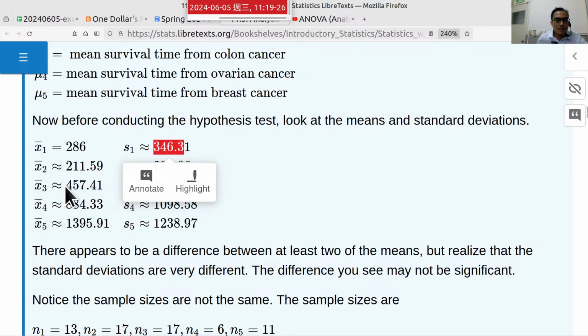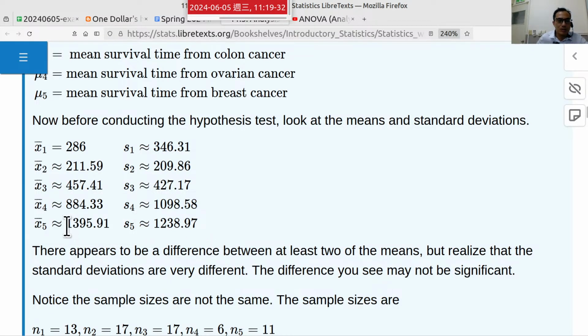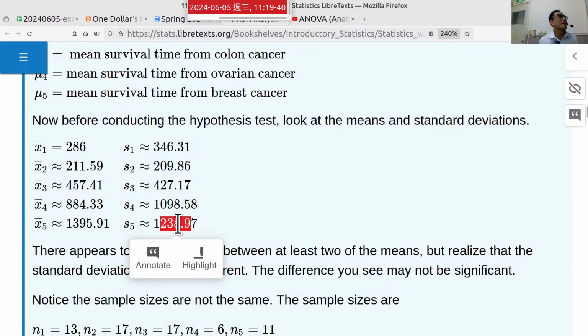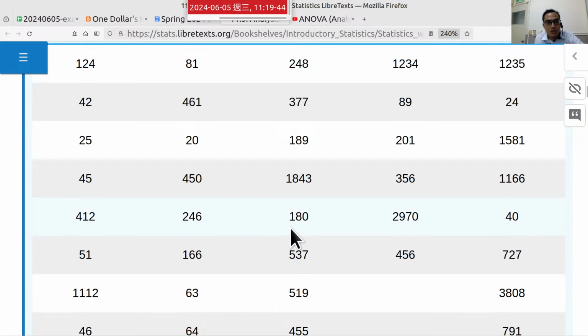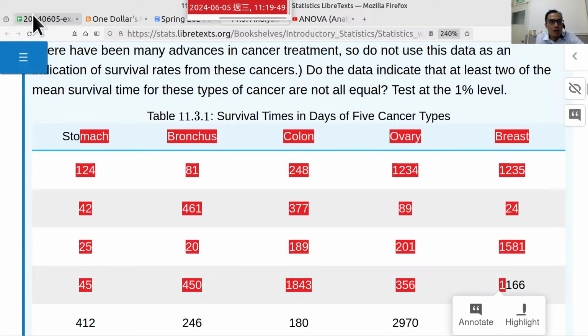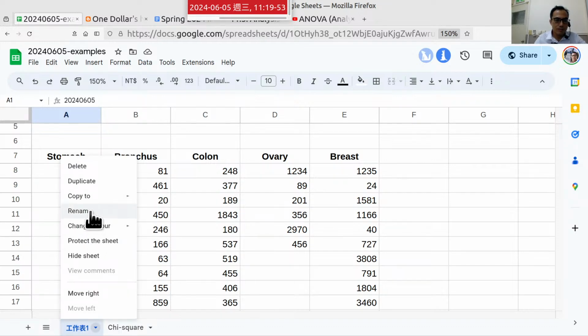Okay, and from here we can know in average the breast cancer survival time is very much longer, but the variance is also bigger. It doesn't mean anything. Now we are going to test it. So I just select them, copy, and you can move to my first.